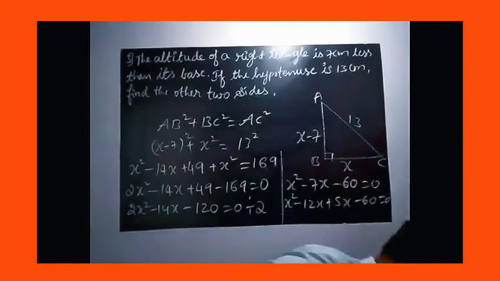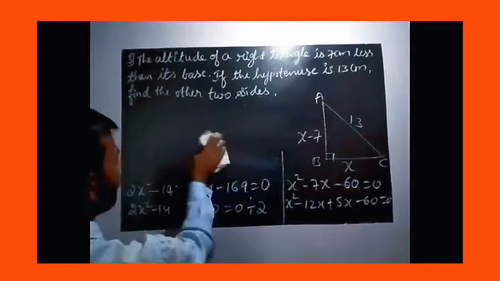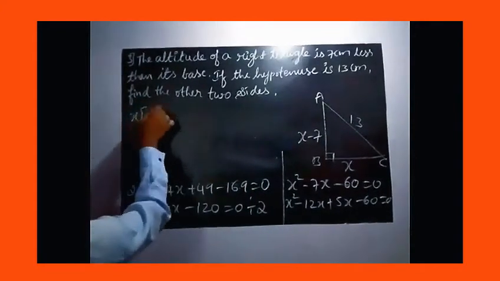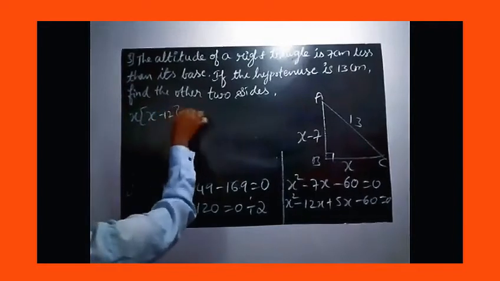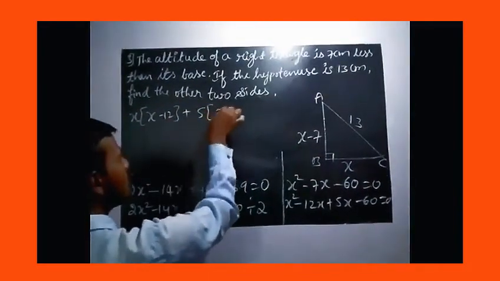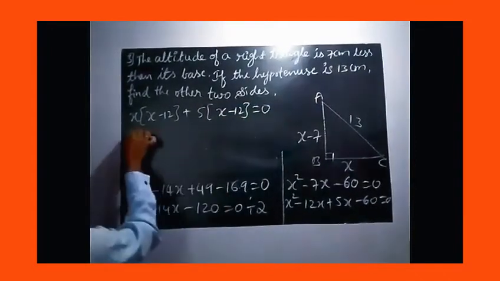After the factorization, in the first two terms, what is common? x is common, then x minus 12 is left. In the second two terms, 5 is common, take it out, and x minus 12 is left, which is equal to 0. So now x minus 12 is common.